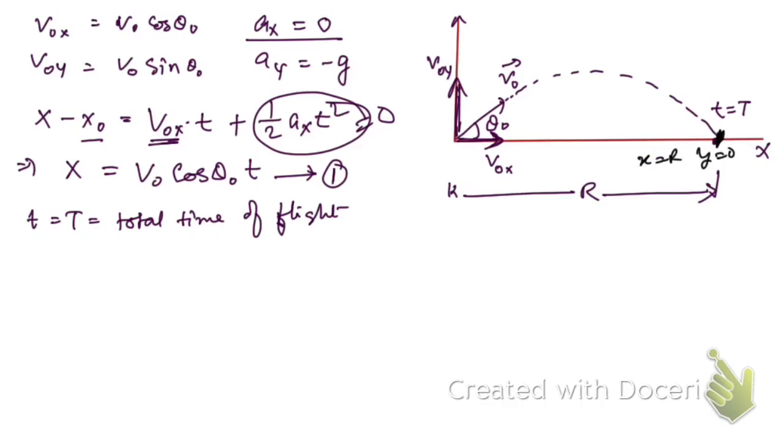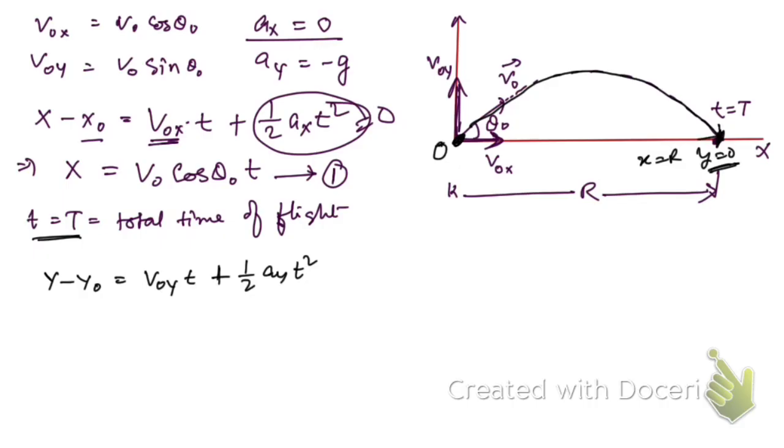If we take the displacement along the y-axis, let me use that equation, v naught y t plus half ay t squared. At this time, y is equal to 0, since it started from this point and again reached the same level.